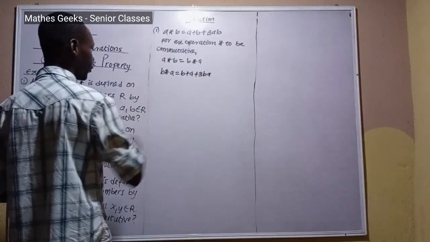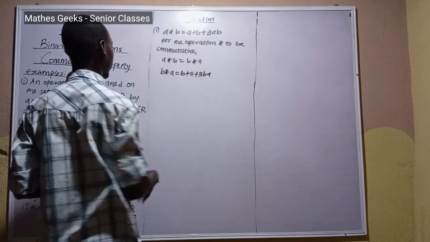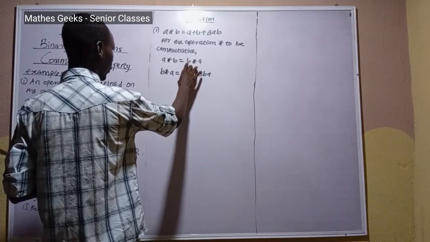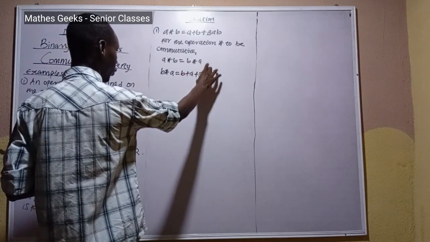Now B plus A is the same thing as A plus B, from what we know about commutativity under the operation addition and multiplication.